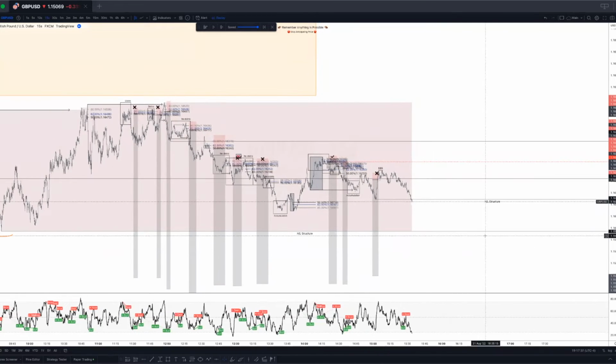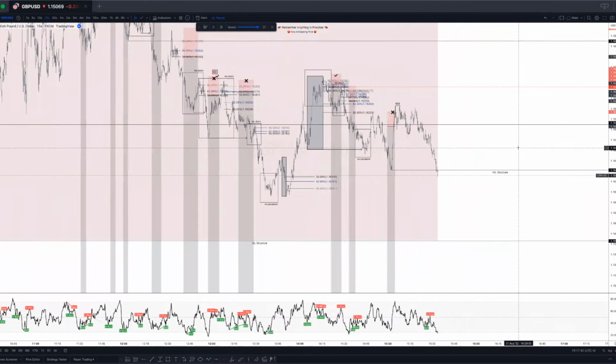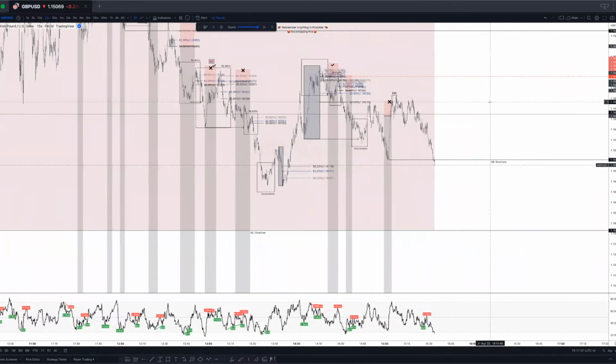This was a loss. That was a loss. It didn't even get tapped. Would have got tapped on the 50 here. How big of a stop would this have been? 6.9 pips.